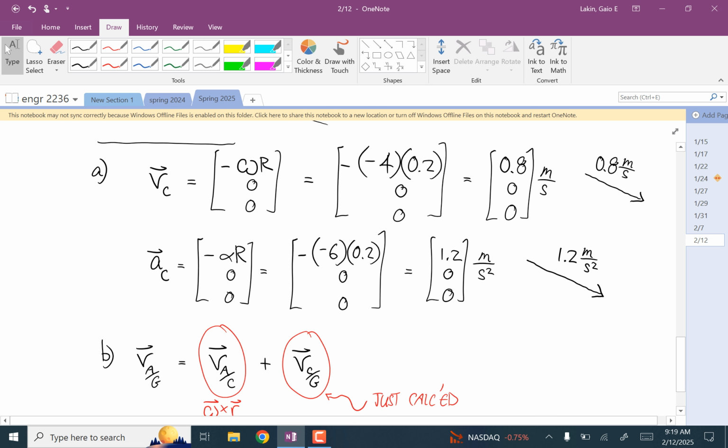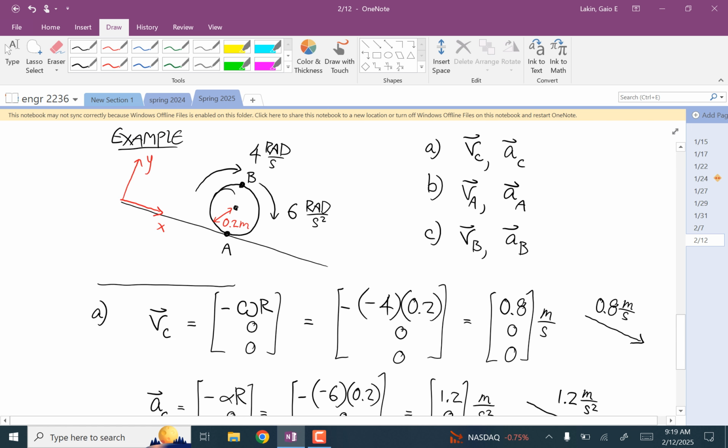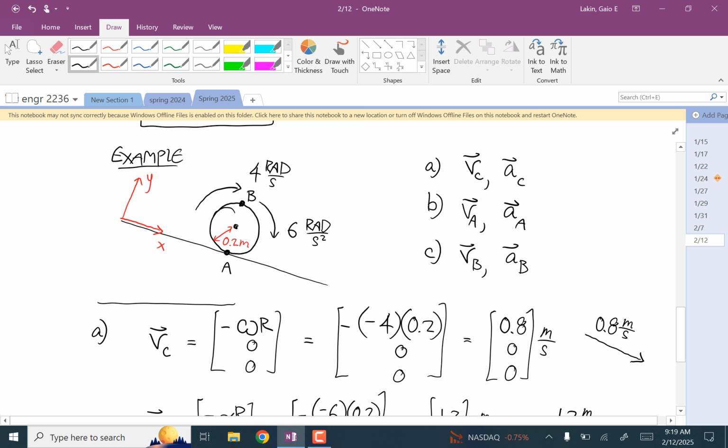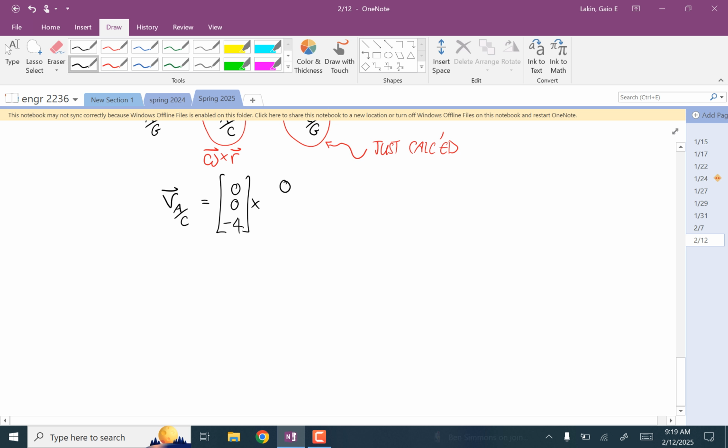And now we have to think about our R vector. What point does the R vector go from, and what does it go to? Center to A. Center to A, perfect. And so this is in our negative y direction. See that? And so it's going to be 0, -0.20. And so you get -0.800.